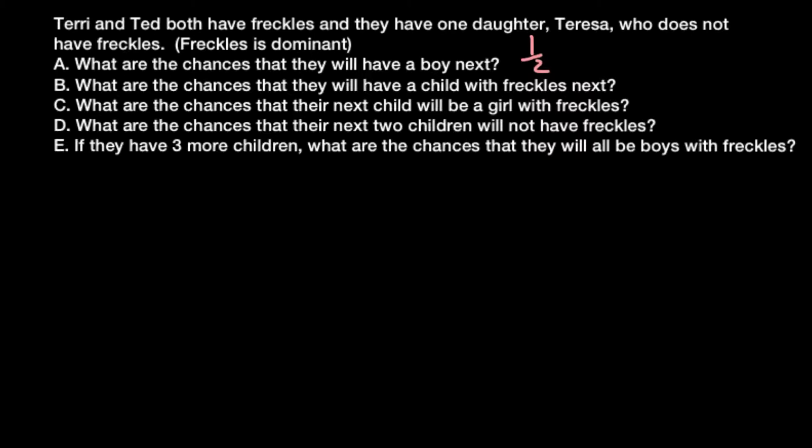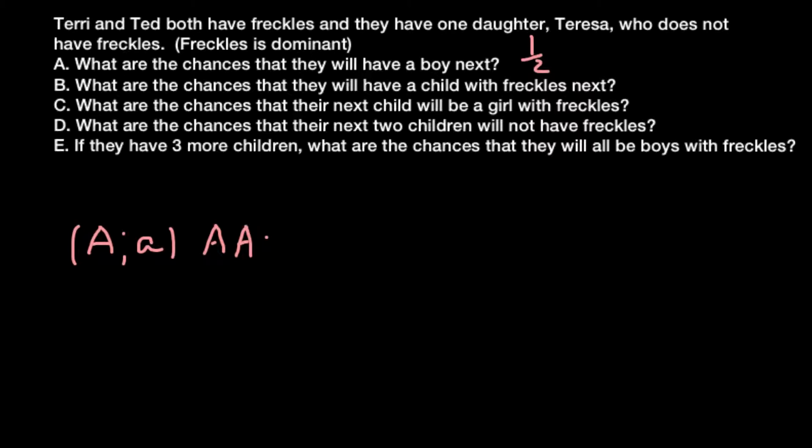In order to solve this problem, let me list the genotypes of the parents and their daughter Teresa. Let capital A be the dominant allele and small a be the recessive allele. These two alleles can produce 3 different genotypes. The first one would be capital A capital A, which stands for the phenotype that is freckles.